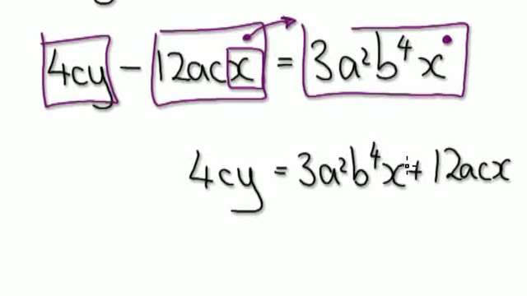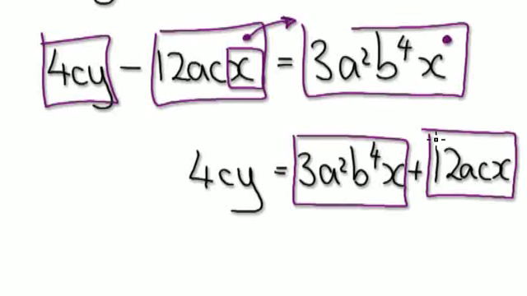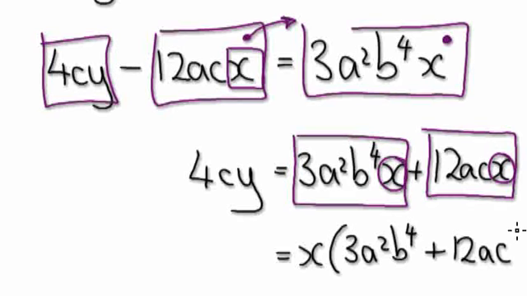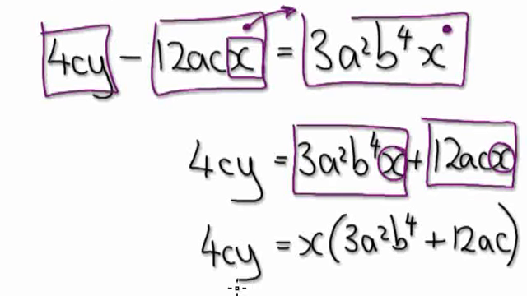Okay, so now if you look at this, you've got this block here, add this block here. X exists in here and it exists in here. So let's factorize. So x bracket 3a squared b to the power 4 plus 12ac close bracket equals 4cy over here.